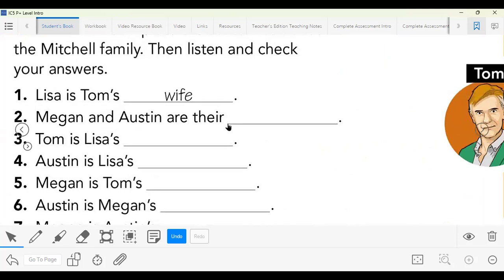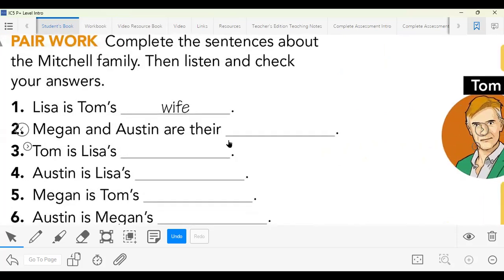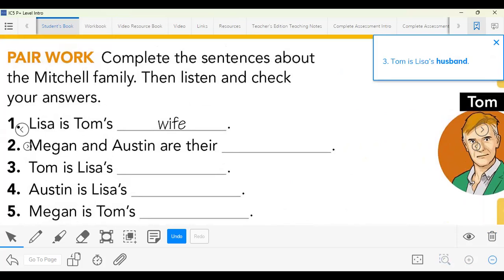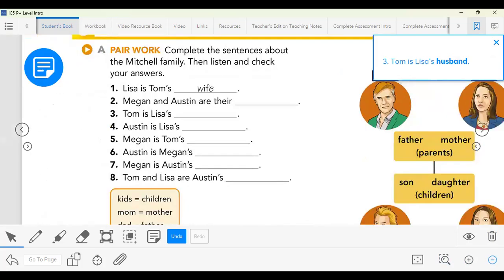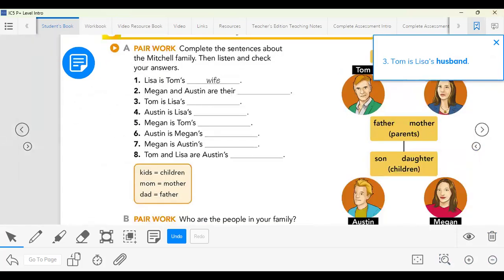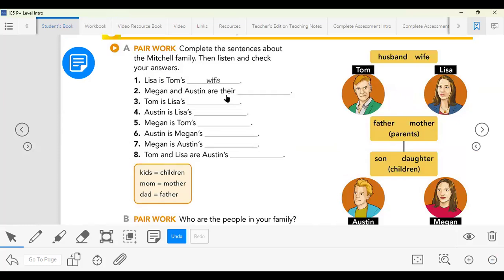Okay, so now Megan and Austin are there. We're talking about Tom and Lisa, right? Because they are the parents.